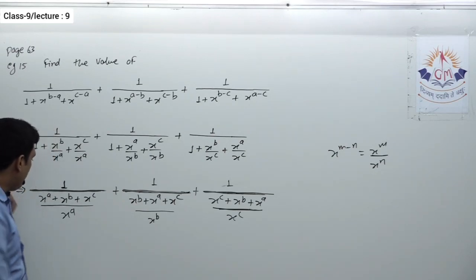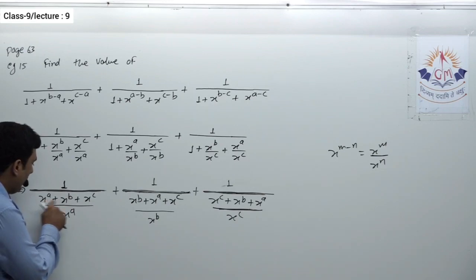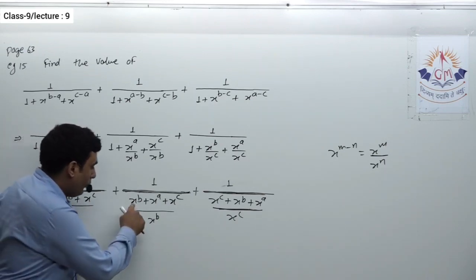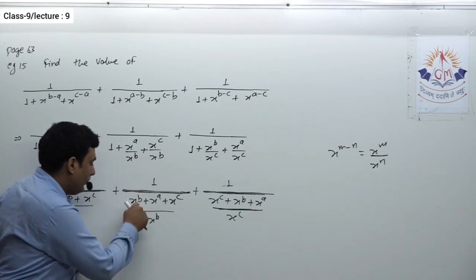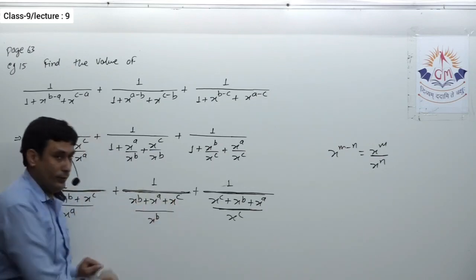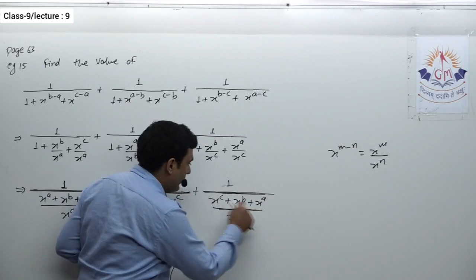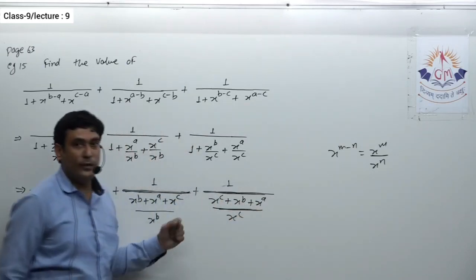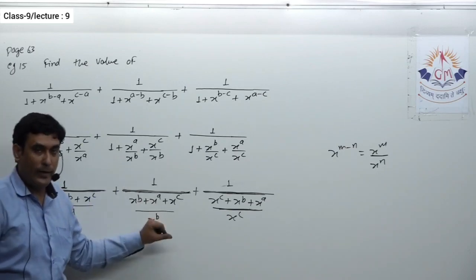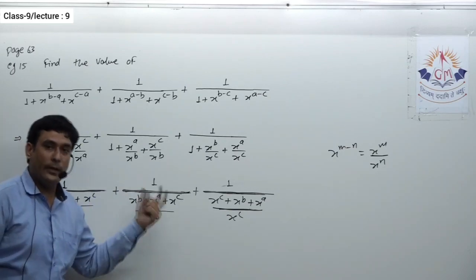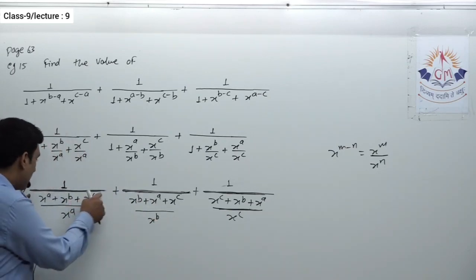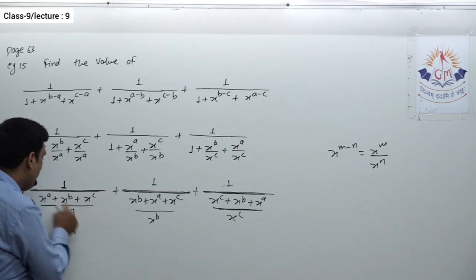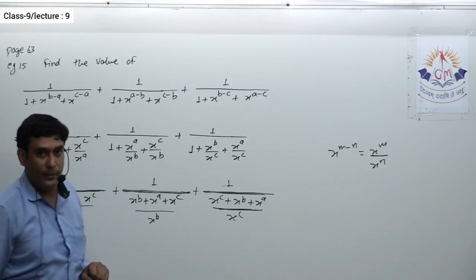Now if you observe carefully, here we have x raised to a plus x raised to b plus x raised to c. Similarly, over here we have x raised to a plus x raised to b plus x raised to c, as well as the same thing over here. That means we have the same three terms, x raised to a plus x raised to b plus x raised to c, and the numerators of these denominators in all three terms are the same.